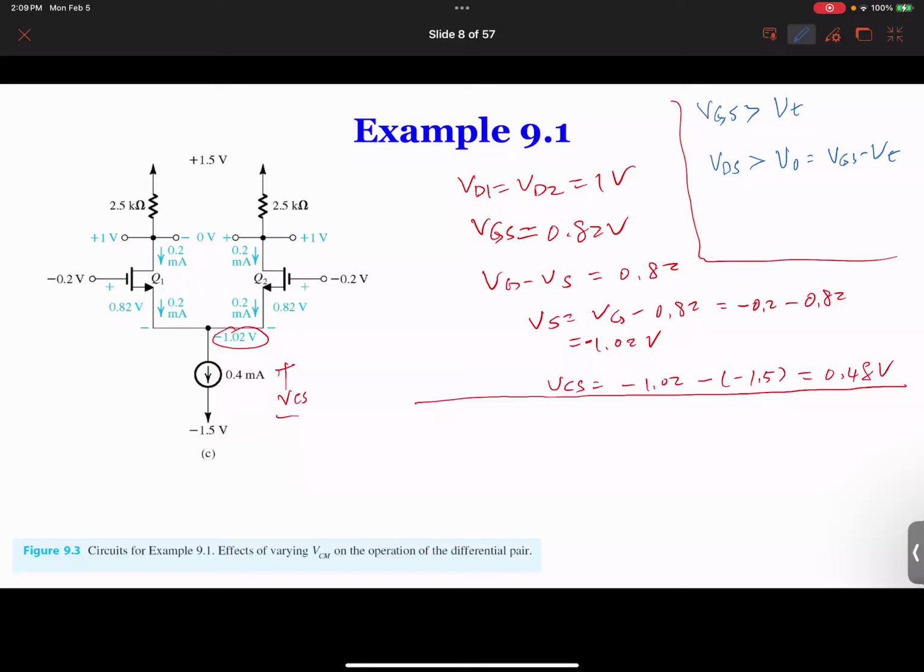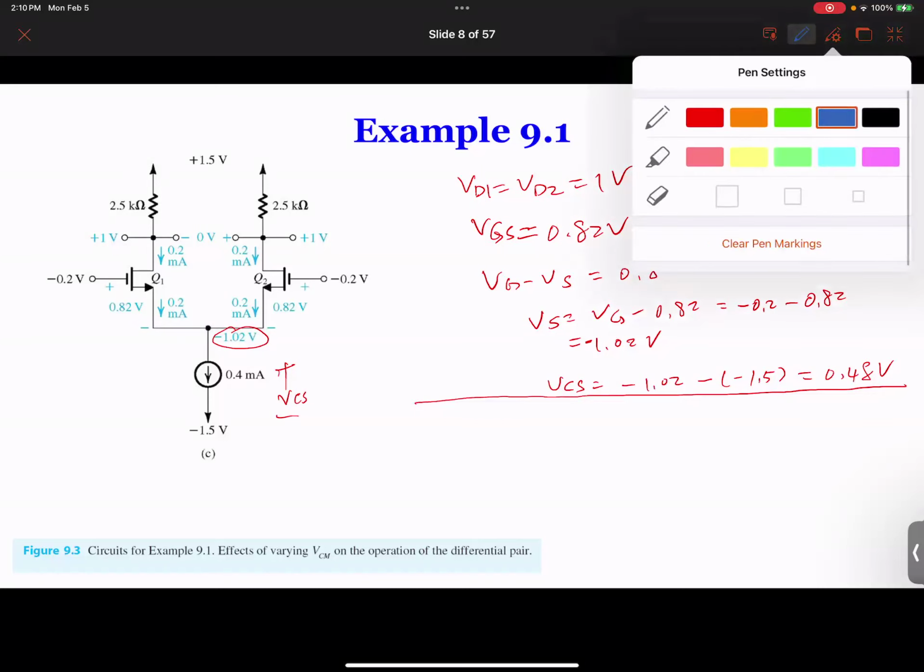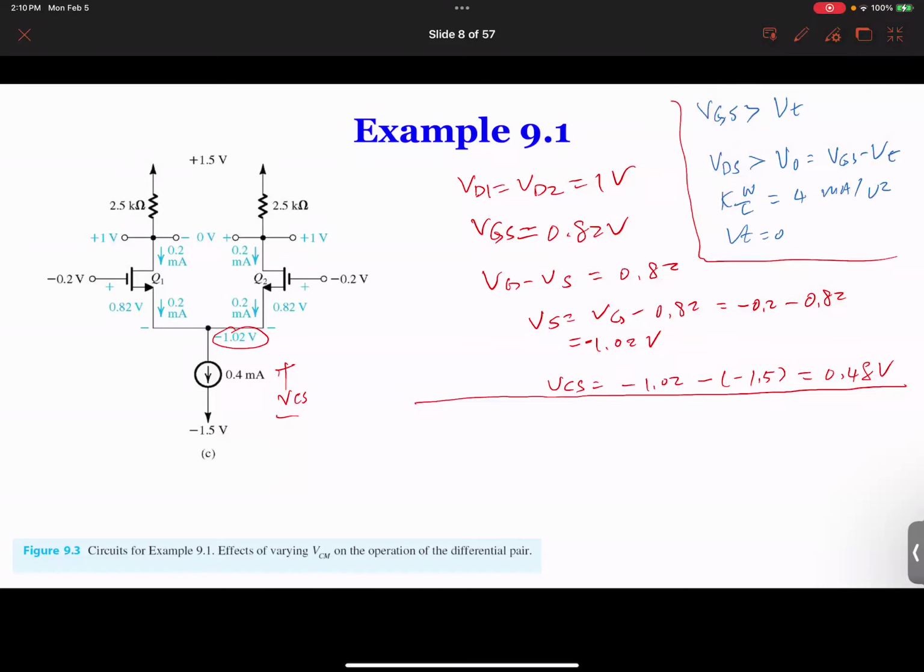So in this case, let me write this down. K W over L is 4 milliamp per volt squared, and VT is 0.5 volts. So that's the given condition. But if we need to have VDS larger than VO, VGS in this case we already calculated based on the current.